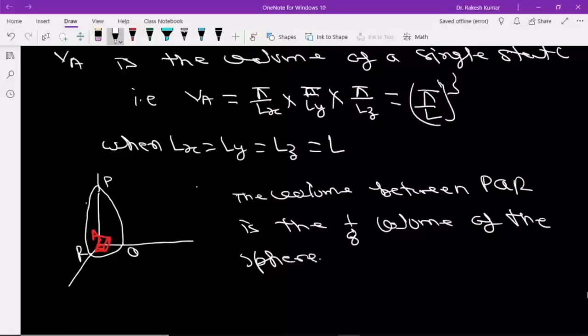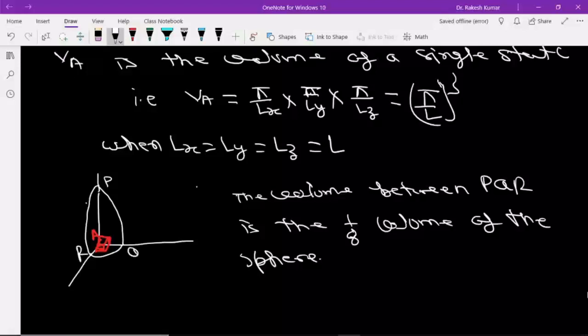To determine the number of energy states in a sphere in K space, we are dividing the whole sphere volume by 1/8.